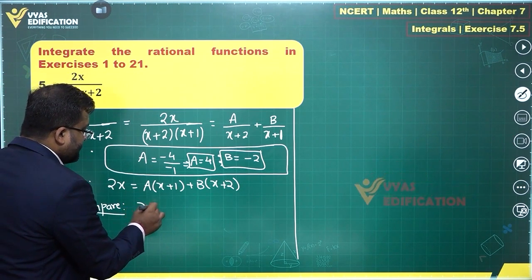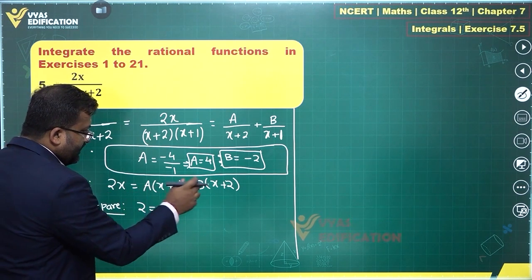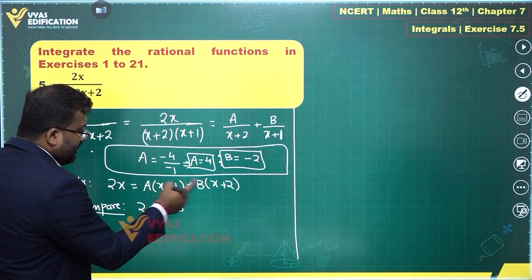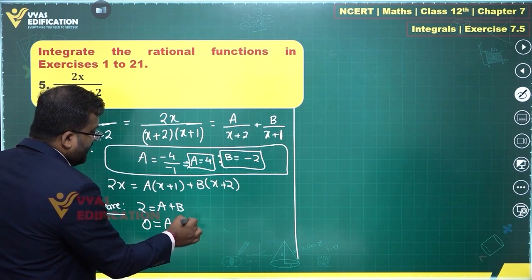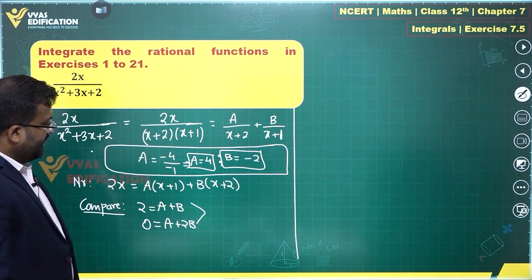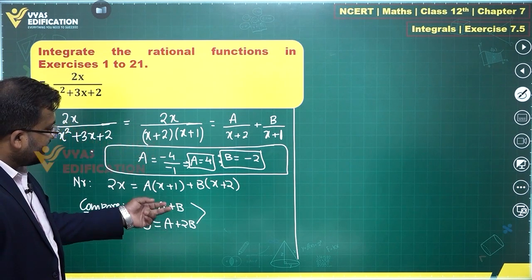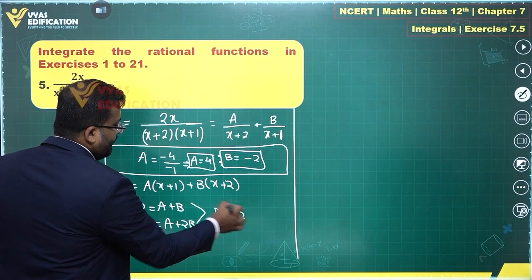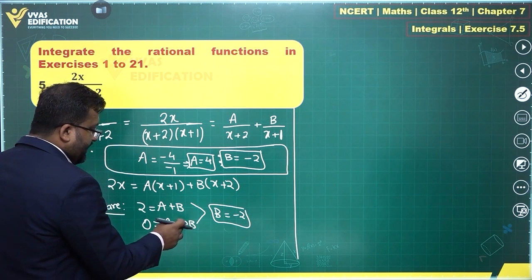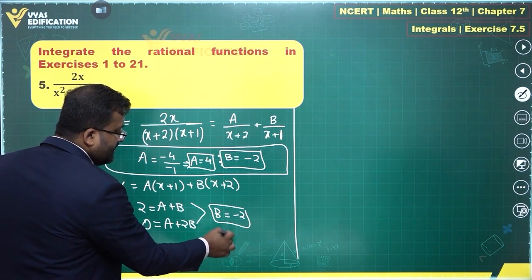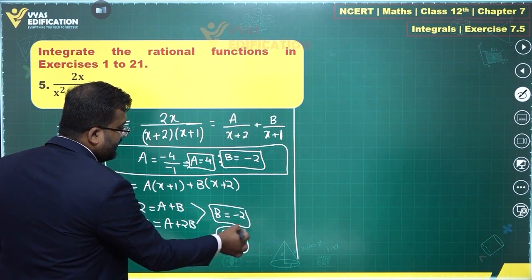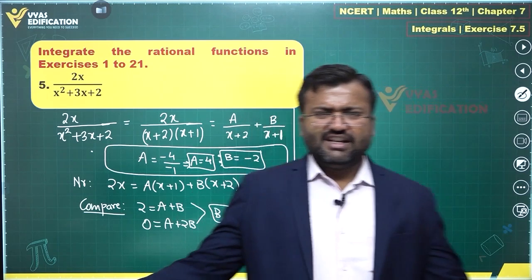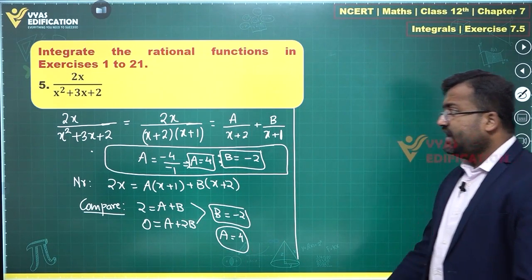So the coefficient of x will be 2 on the left, and on the right hand side it will be a plus b. On the left hand side, constant term is 0, on the right hand side, constant term is a plus 2b. Using these two, do you get the values of a and b? Yes. Subtracting will give me the value of b directly. b is equal to 0 minus 2, which is minus 2. And a, therefore, is equal to minus 2b, which is 4. a equals 4, b equals minus 2. That's what we found, right? And that's the same thing.